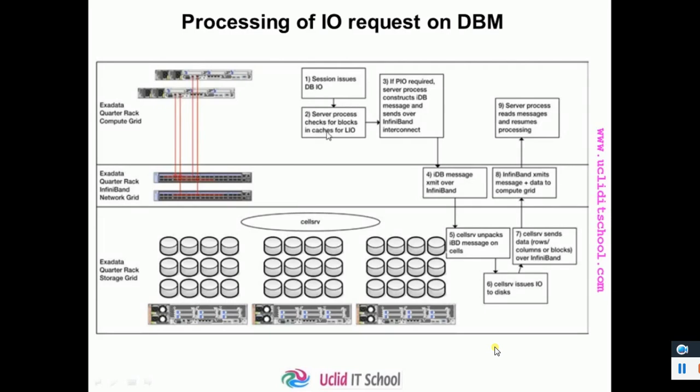That is what we call logical IO. If the block is available in the buffer cache, there ends the matter. The blocks are processed and served to the client. If the blocks are not available in the database buffer cache, then what should happen? Now physical IO is required.